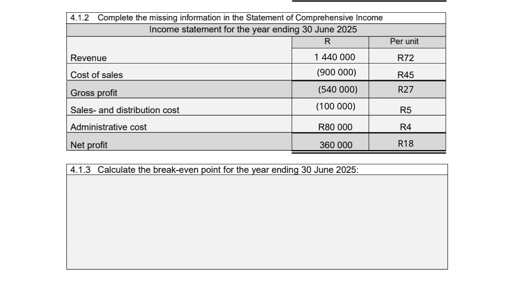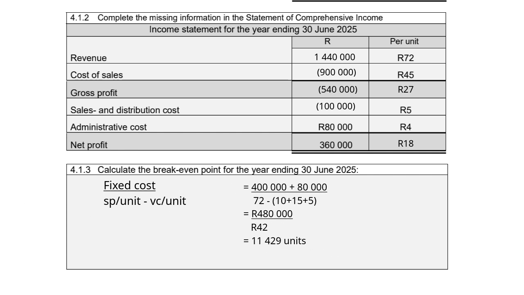4.1.3, calculate the break-even point for the year ending 30 June 2025. Firstly, we need to familiarize ourselves with the formula again. So remember, our break-even point is our fixed cost divided by the selling price per unit minus the variable cost per unit. Now, fixed cost is made up of our factory overheads and our admin costs, and our selling price per unit we'll calculate, and our variable cost per unit will be our direct material cost, direct labor cost, and sales and distribution costs.